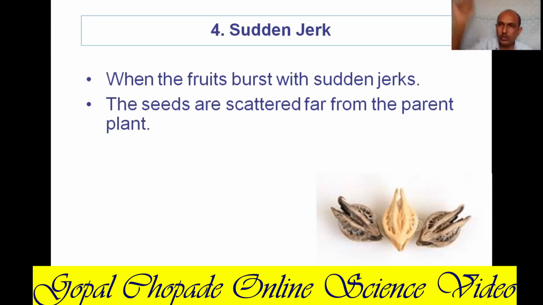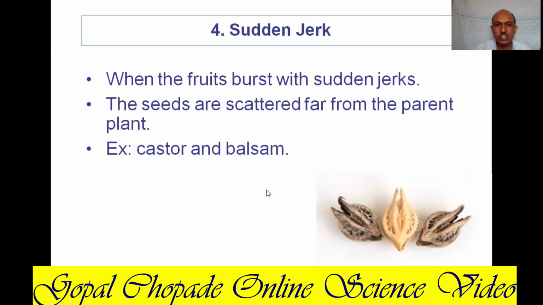So they will go like that, jerk, just like a jet. You can see this in castor or blossom fruits. Okay, so they will break. So in this way, by four methods, the seeds will disperse from one place to another place. Okay, so this is about seed dispersal.